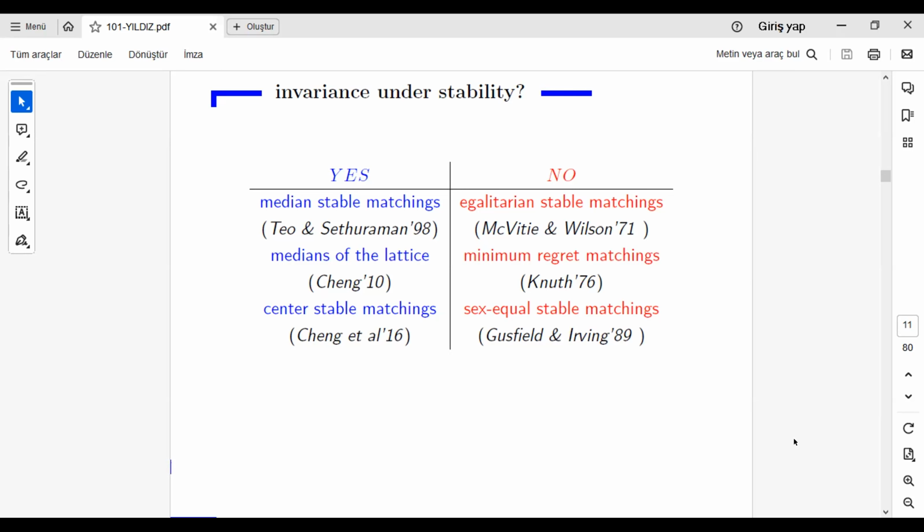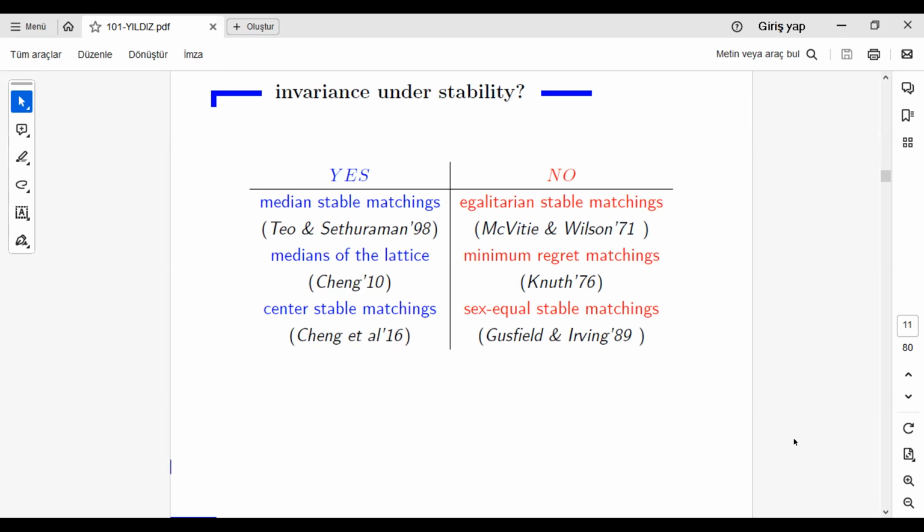By the way, let me read one of egalitarian stable matchings, for example, from 1971. The definition of an egalitarian stable matching is at each matching, you record the rank achieved by every agent, man and woman, and you just sum these up, and then you go for the minimum, the matching that achieves the minimum total rank.